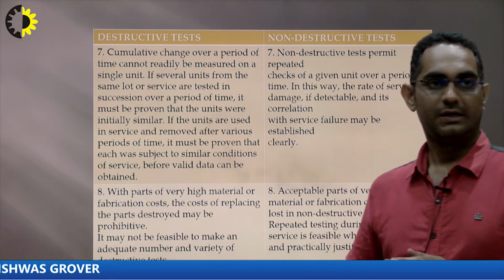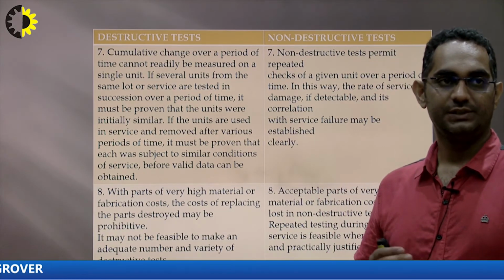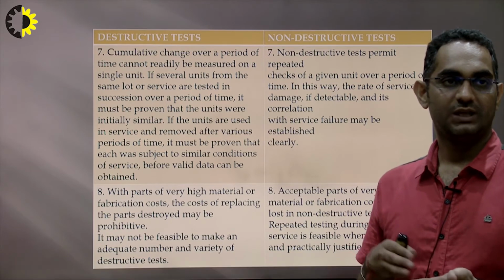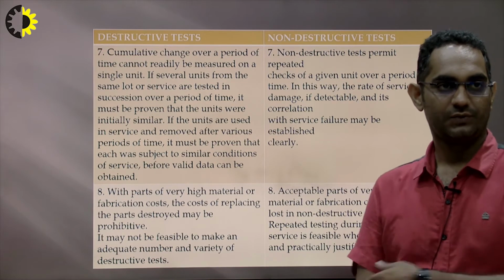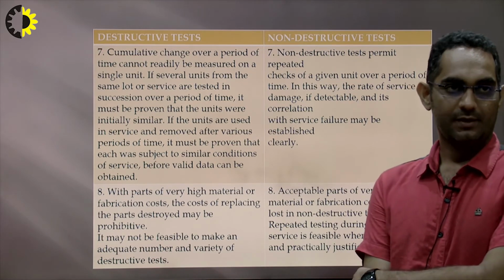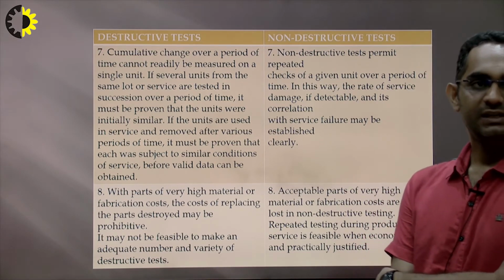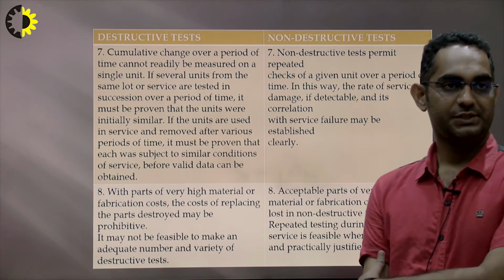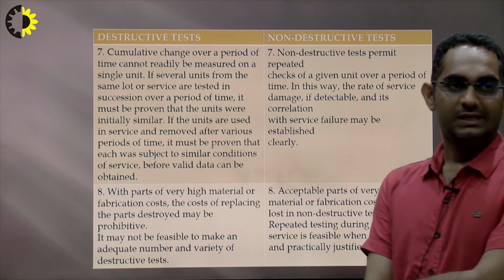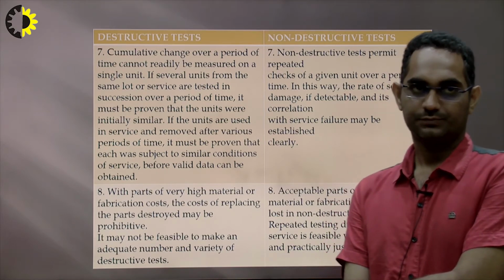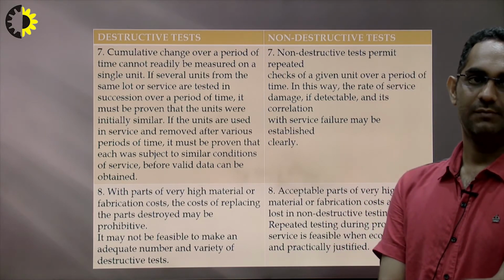If the units are used in service and removed after various periods of time, it must be proven that each was subject to similar conditions of service before valid data can be obtained.